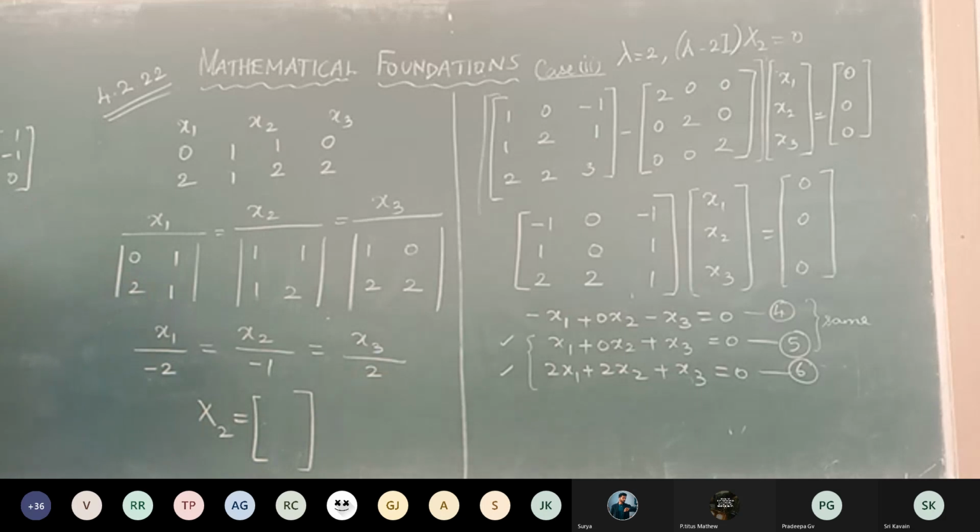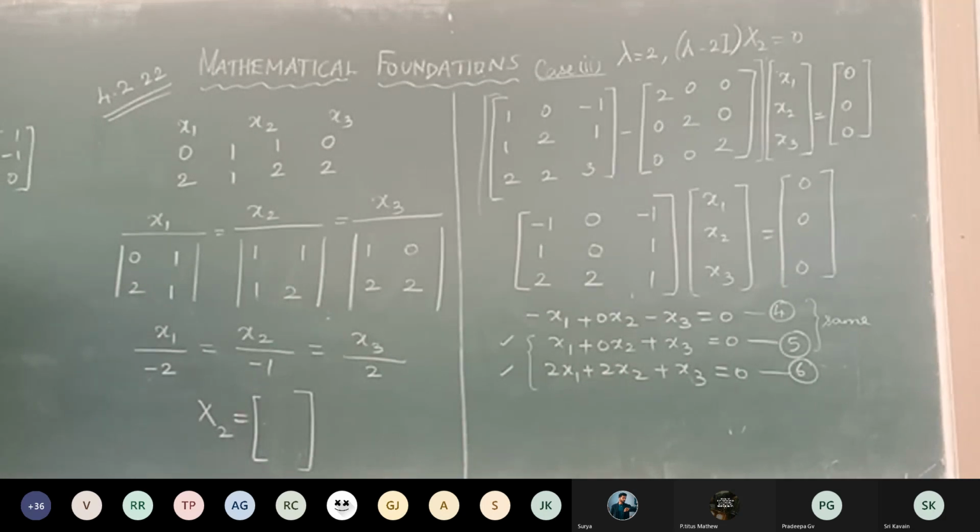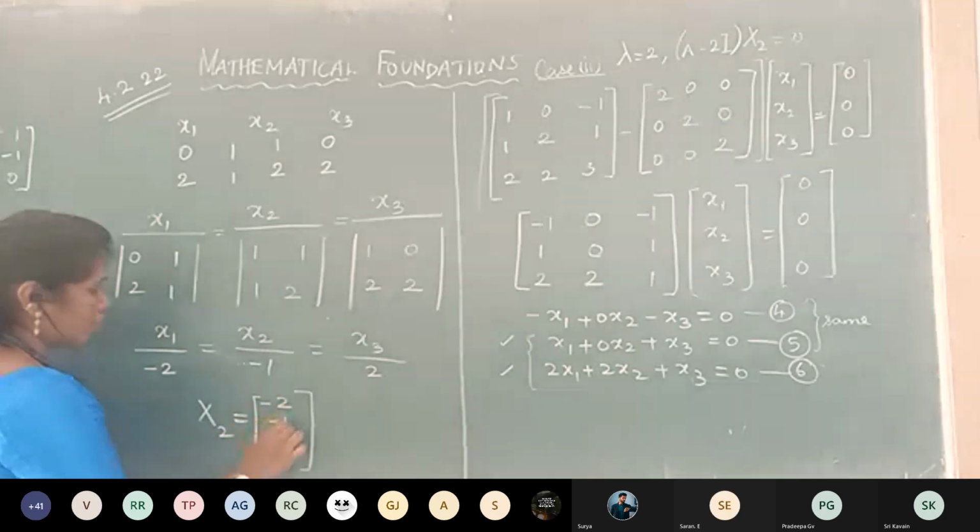See whether you're getting this value. We are getting minus 2, minus 1.